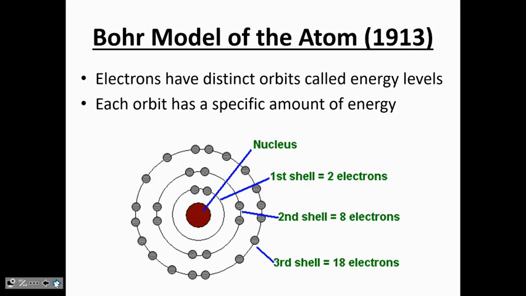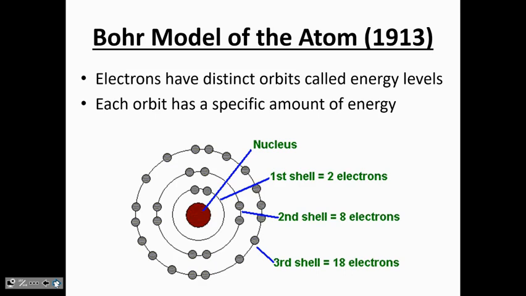And each orbit has a specific amount of energy. So if an electron exists, let's say, in the first shell or ground state, it has a particular energy, an exact amount of energy. If the electron exists in the second or third shell or the second or third energy level, those have different but specific amounts of energy.